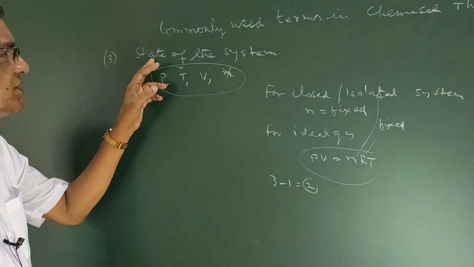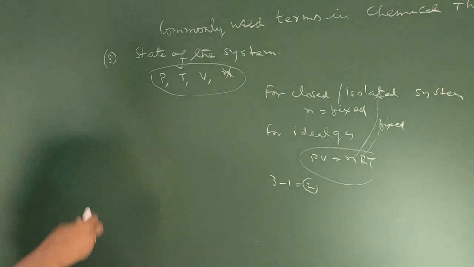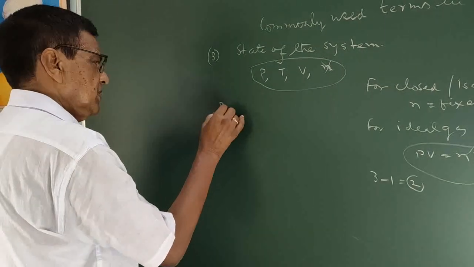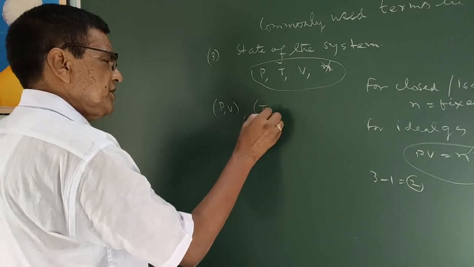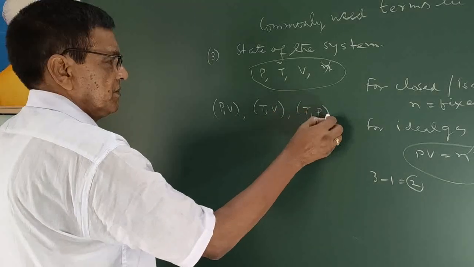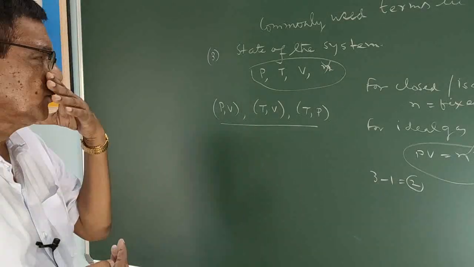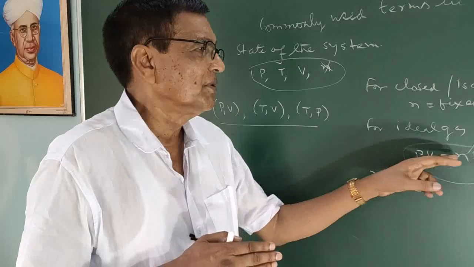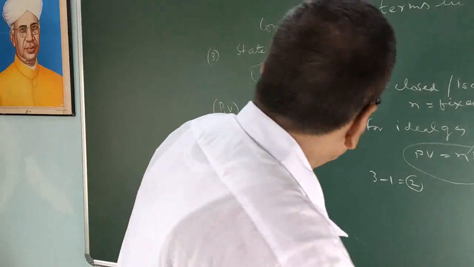So the state of a closed and isolated system is expressed in terms of the pressure and volume, or another set is the temperature and volume, or the temperature and pressure. And the third one need not be specified, as it is obtained from the equation connecting these three variables.